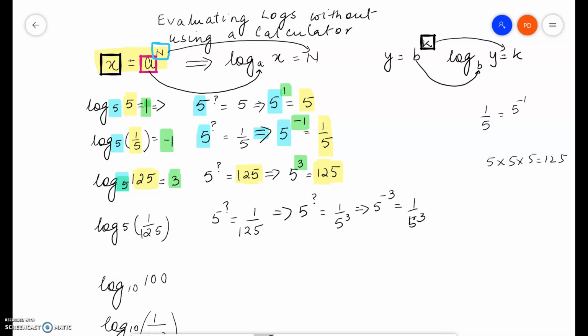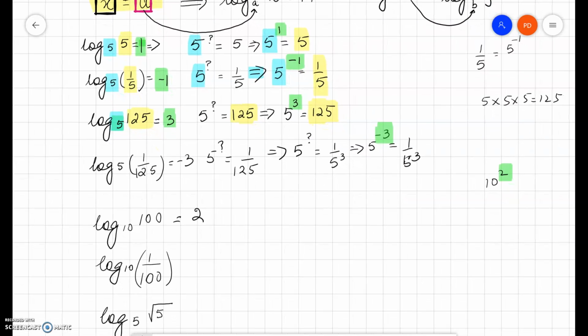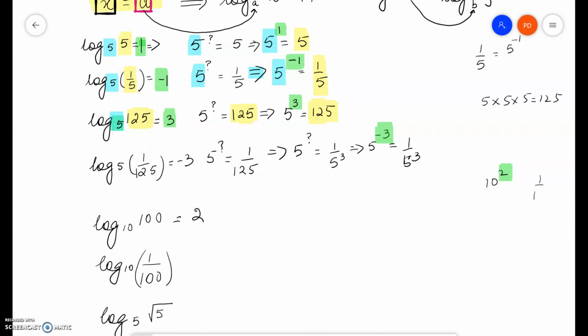So the exponent is the log of the number, so that is negative 3. Here 100 is 10 squared, so the exponent raised to the base of 10 is the log of the number. But if you have 1 over 100, we are looking at 1 over 10 squared, which is 10 to the negative 2. So this is equal to the exponent, which is negative 2.